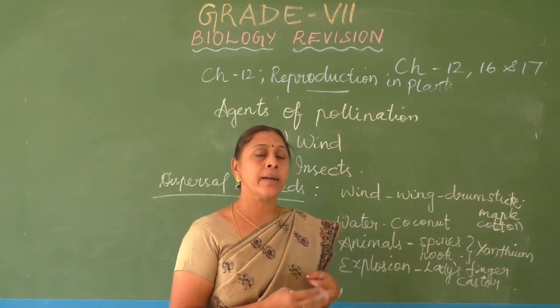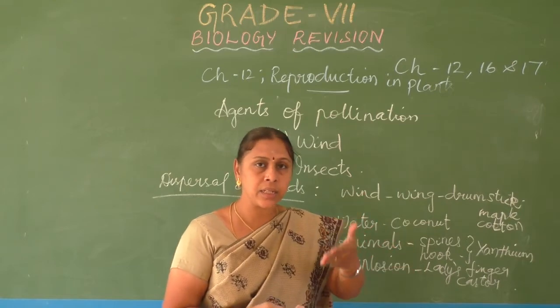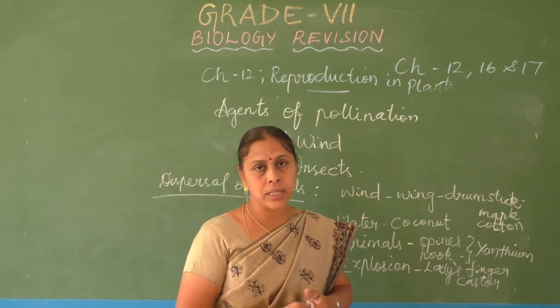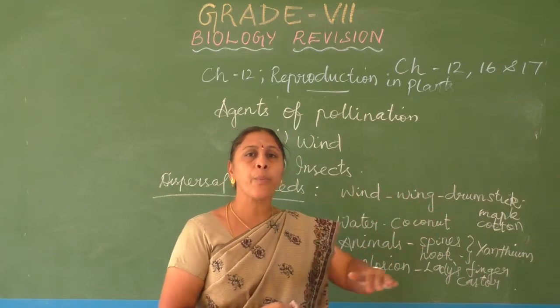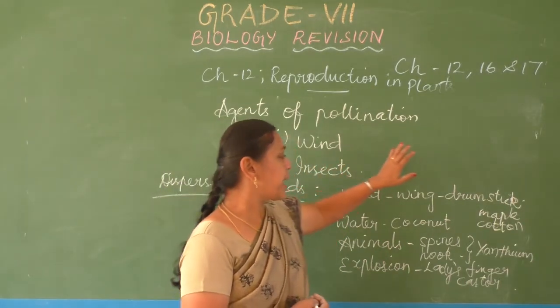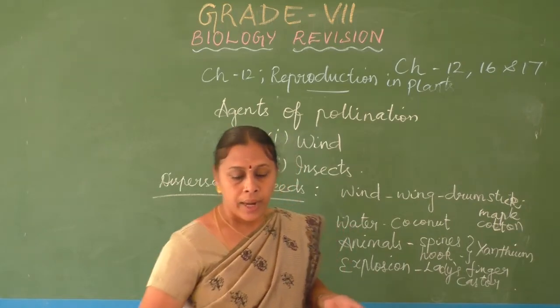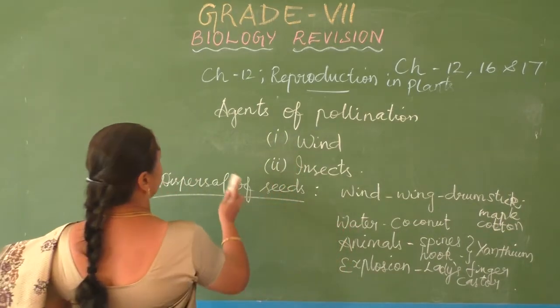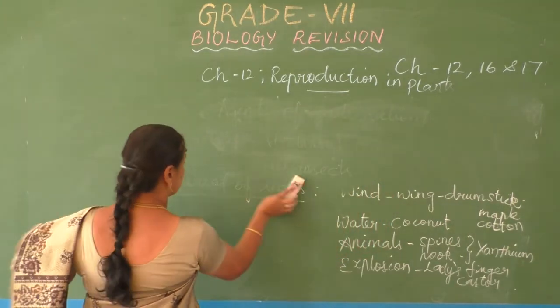After that, the seeds will be produced, how they get dispersed, the agents of dispersal and advantages of dispersion. Everything we revised now. These are the points we discussed in chapter 12, reproduction in plants. Hope you all understand. Next chapter, chapter 16, water, a precious resource.